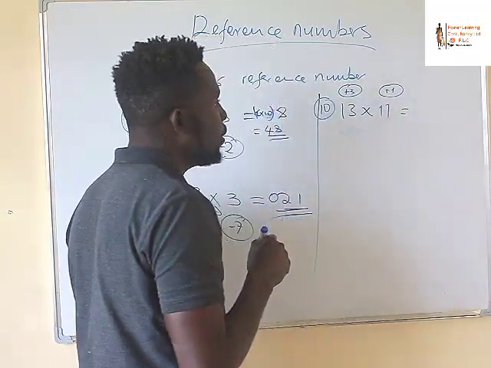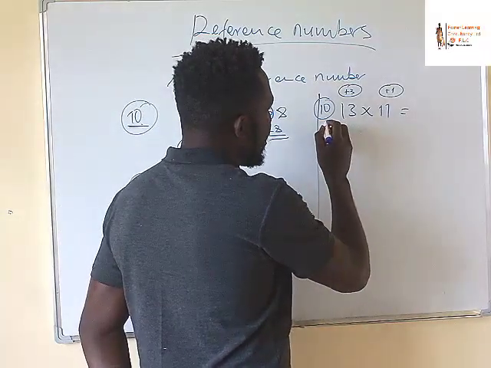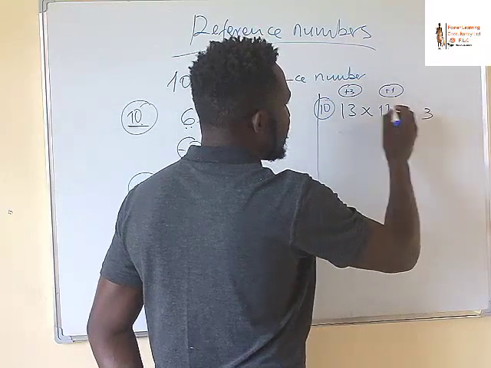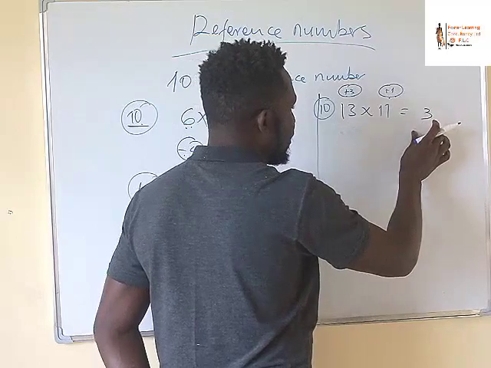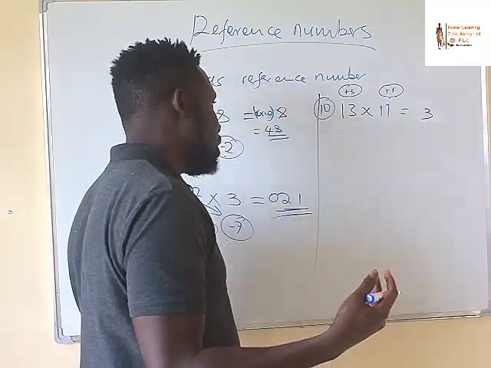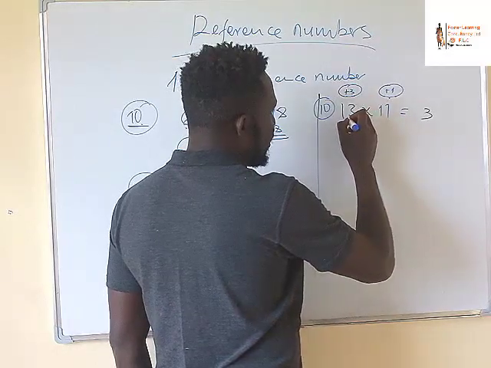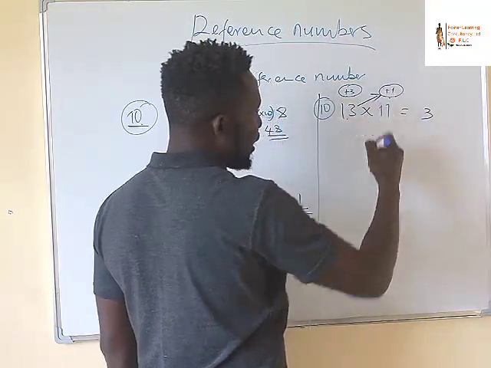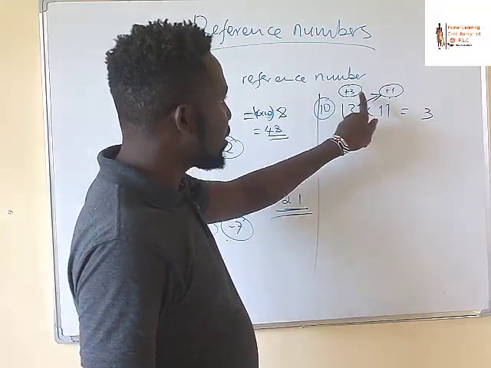So what do we do here? We are going to multiply the two, so I have plus 3 multiplied by plus 1, we have 3. That becomes the first part of our answer. And then we are going to say 13 plus 1, or 11 plus 3.